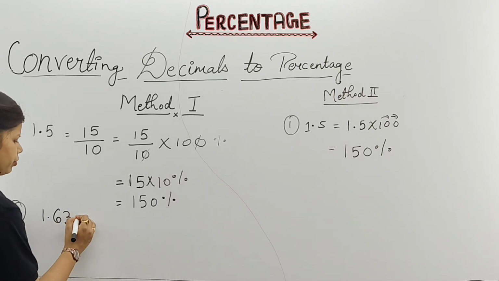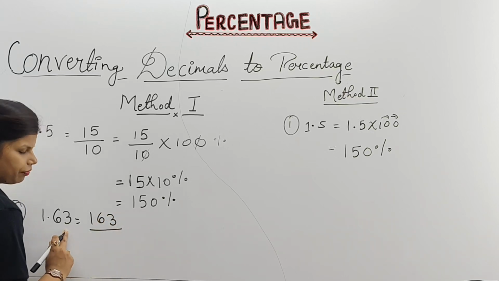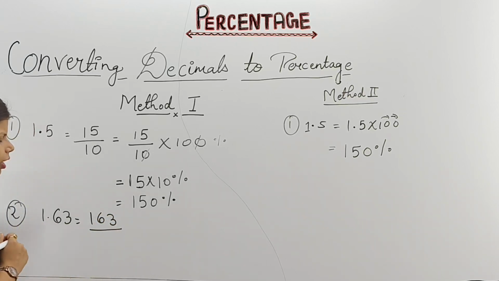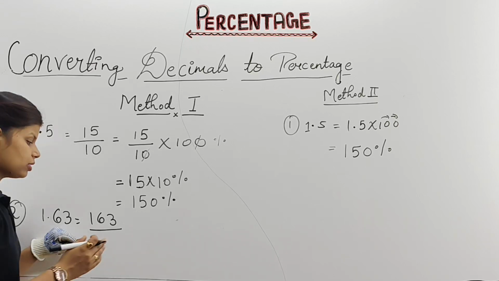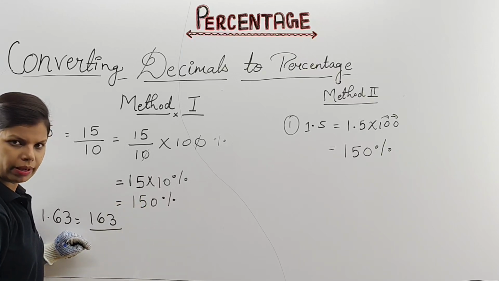Now what are we going to do? First of all we have to convert it to 163 upon, just after the decimal, we are going to multiply with 10 or 100. As many digits as we are having after the decimal, that many zeros we are going to put. Do you get my point?